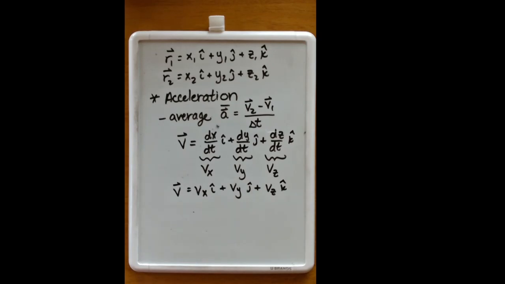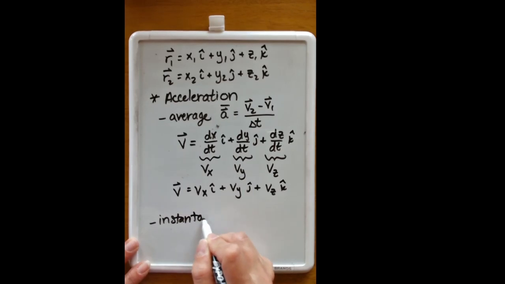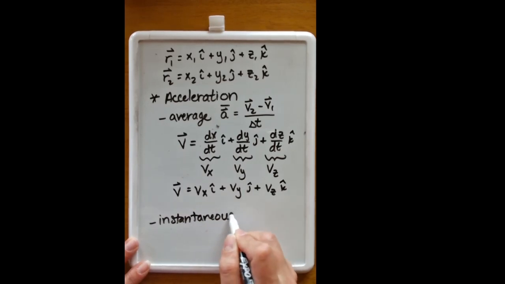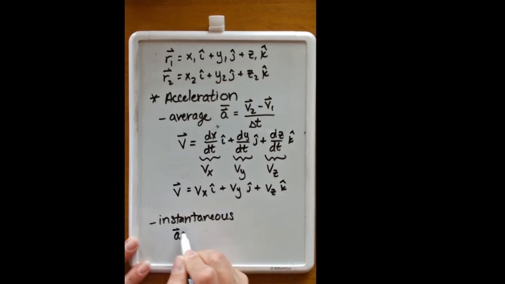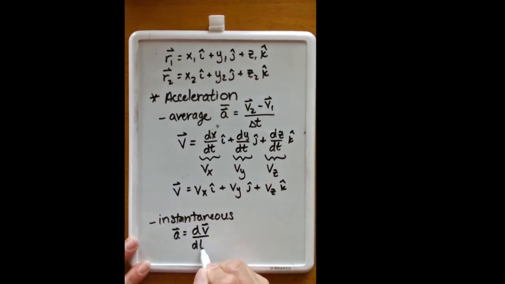So instantaneous velocity is a derivative of position. Instantaneous acceleration is a derivative of velocity. So instantaneous acceleration is a derivative of velocity with respect to t.